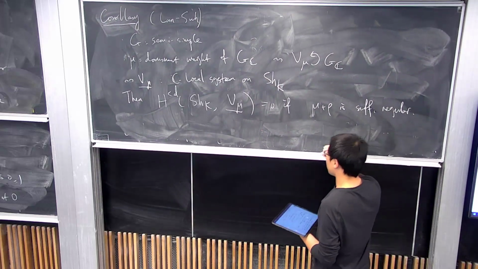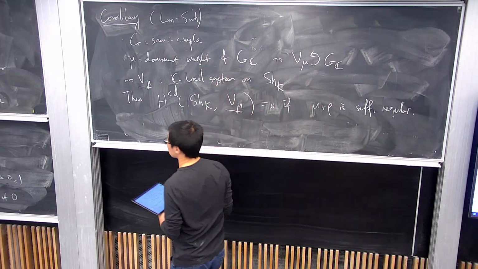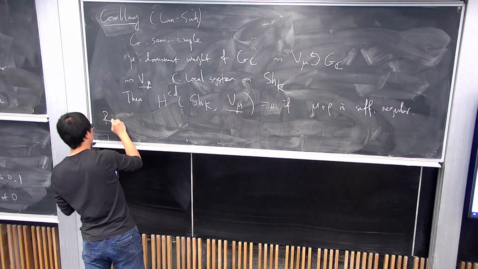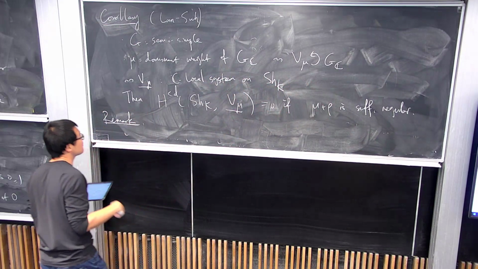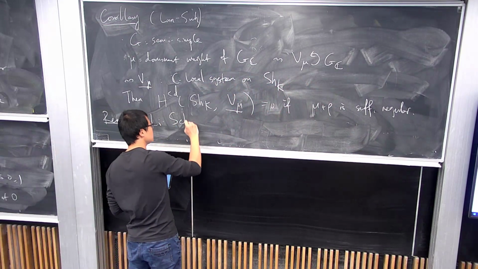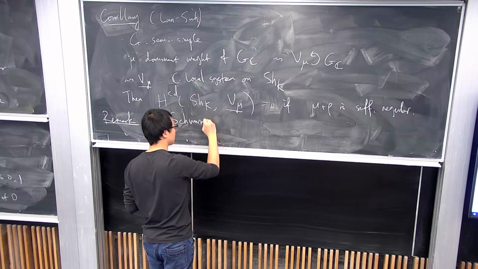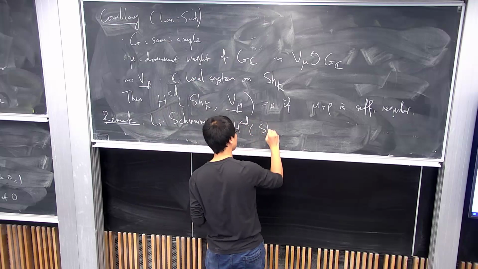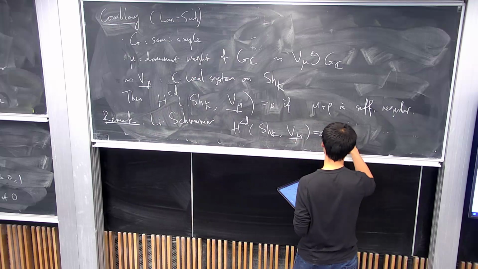As I mentioned, in type ADE case, it just says that mu is regular. But let me also mention that this is also true in type BC case by a completely automorphic method, proved by Lee and Shimura. That's great, this is just assuming it's regular.